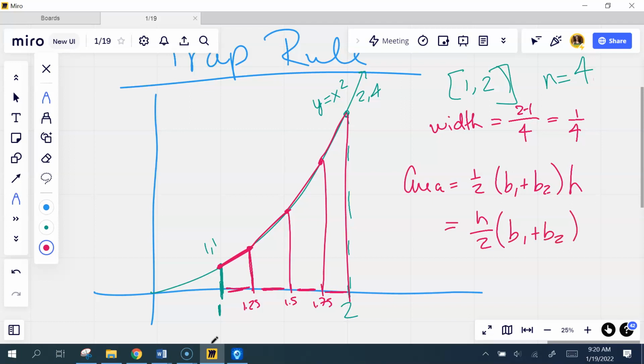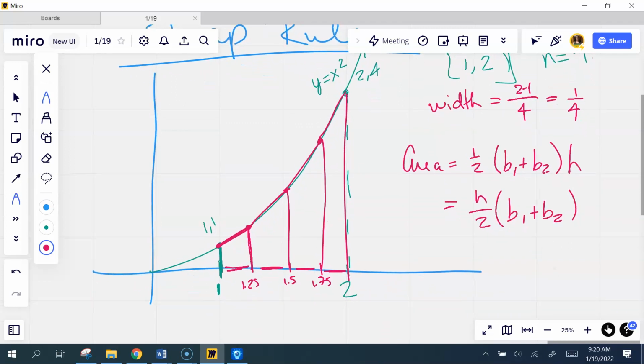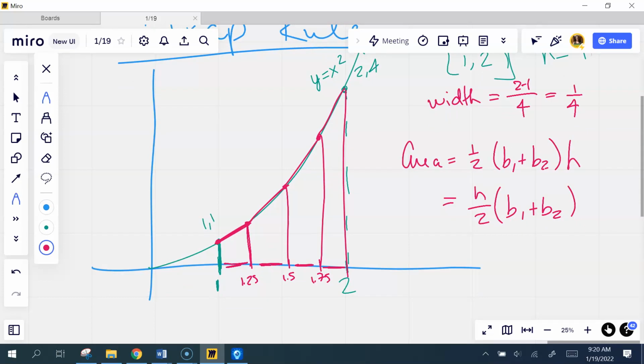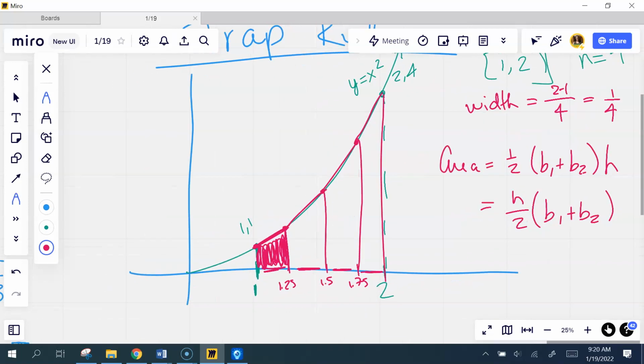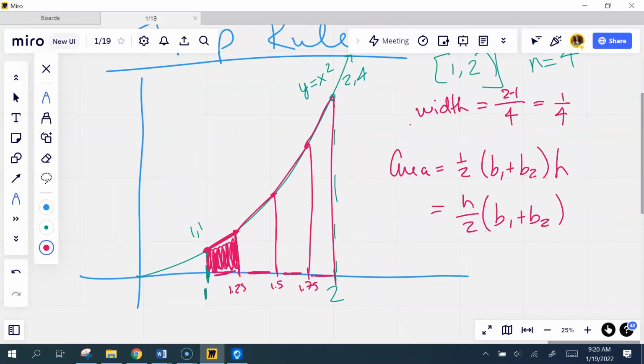Now let's think about this for just a minute. Where is my height and where are my bases? Let's look at just this trapezoid here. When I said width here, what I really found was the height of the trapezoid, right? That's 1/4.